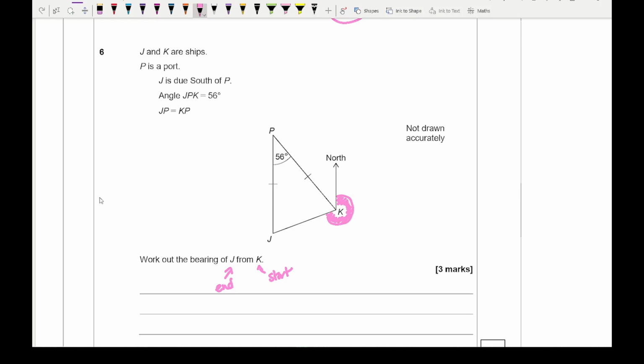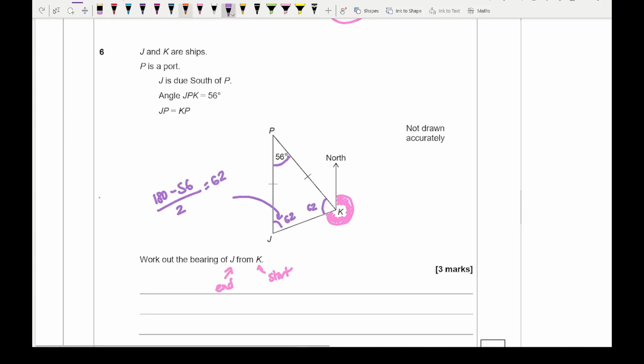So from this we can see that as JP is equal to KP, the triangle you can see on the screen is an isosceles triangle, which therefore means that if this angle here is 56, then to work out the other two angles I need to do 180 minus 56 and divide that by 2 because I've got two of the angles. So that gives me an answer of 62. So that means that this angle here is 62 and this angle here is 62.